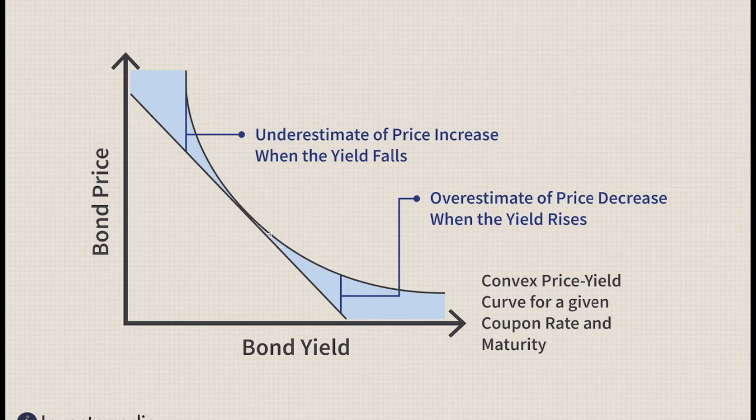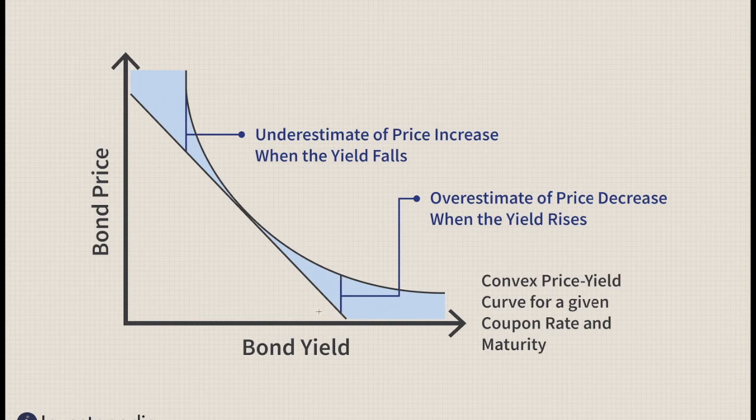Every time the bond yield change becomes larger, the gap between this convex curve and this linear tangent becomes larger, right? And this gap is due to the convexity of the curve.